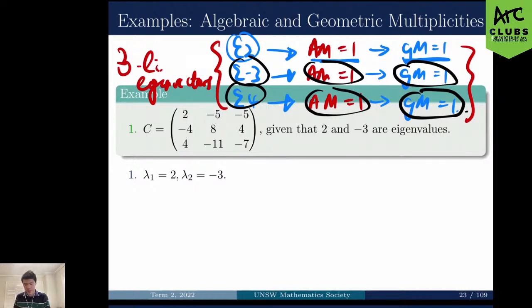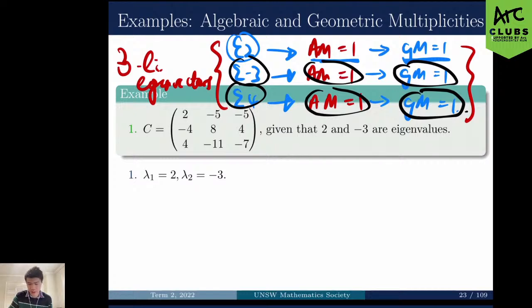And hopefully that means we can do the same thing as before. Now we can look at the trace and see, is it possible that we've got a third eigenvalue that is different? Let's check that. The trace is equal to 8, which means the sum of the eigenvalues must also be equal to 8. So 3 plus 1 plus the last eigenvalue that we're trying to find is equal to 8.